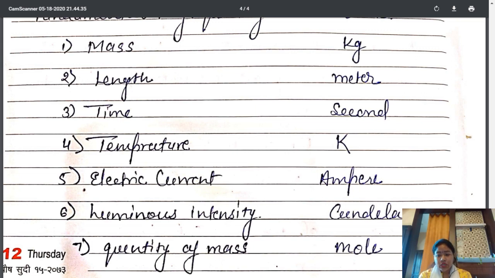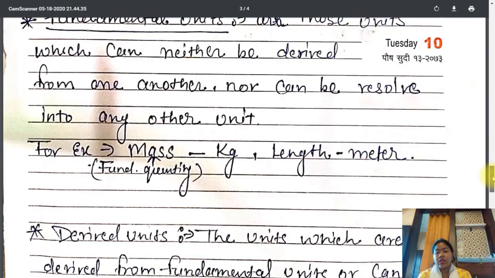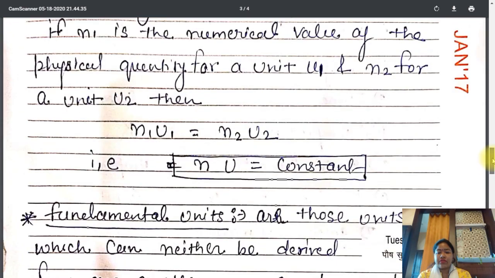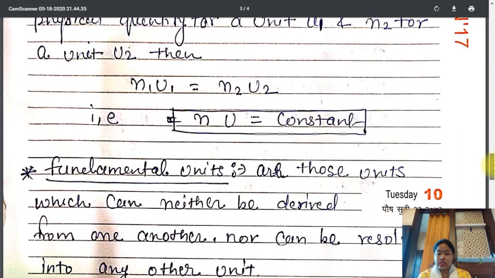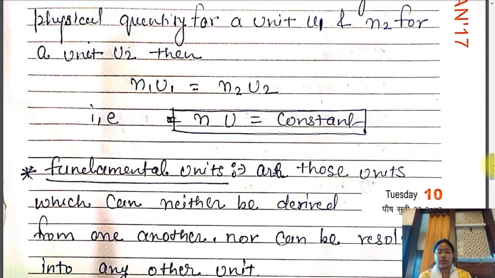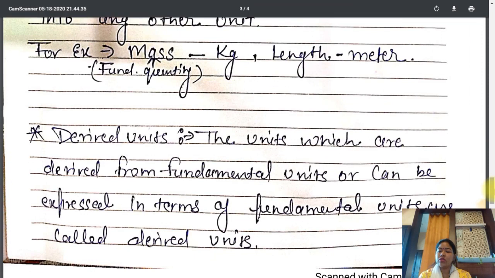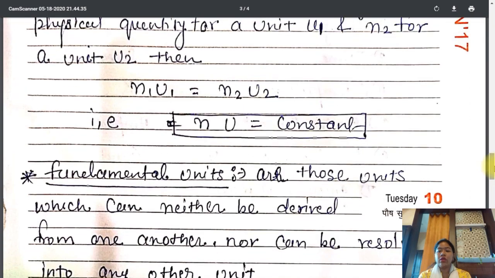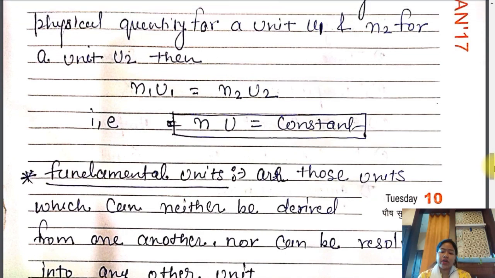Now in the notes, we do not have the definitions of fundamental physical quantities and derived physical quantities. Directly, we have the definitions of the fundamental units and the derived units. So there is no need to write down the definitions of the fundamental physical quantity and derived physical quantity separately.